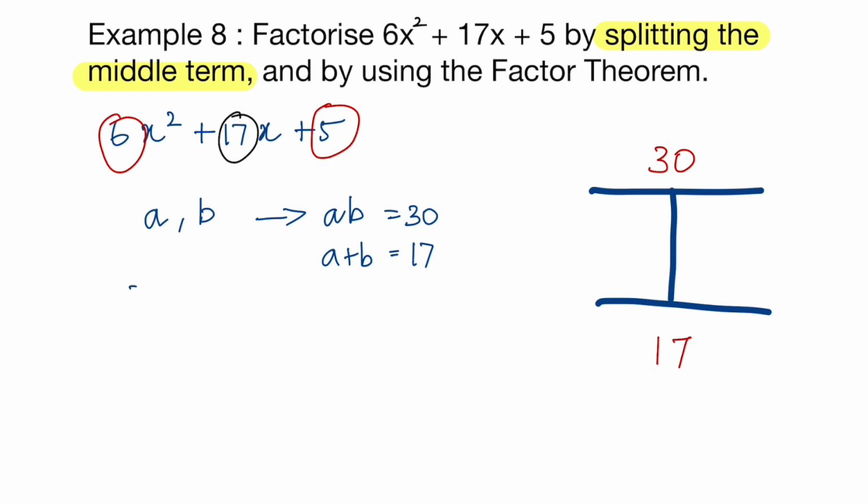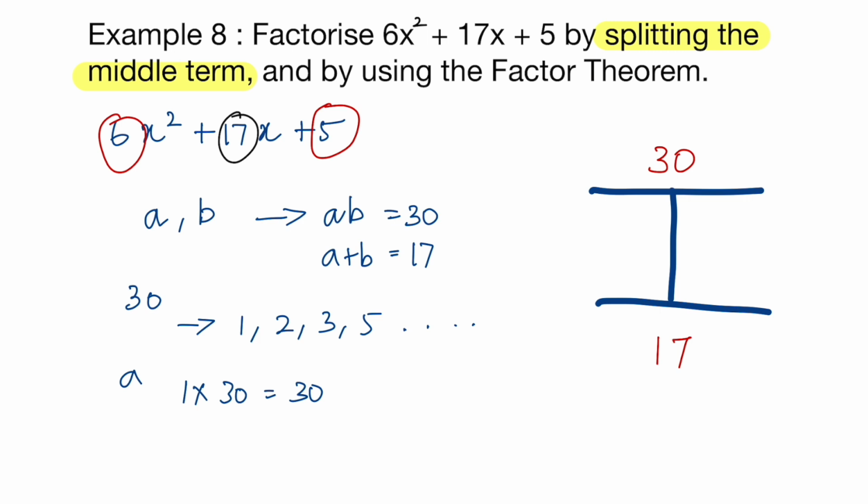So let us just list out the factors of 30 first. Factors of 30 are 1, 2, 3, 5 and so on. Now if 1 and some number has to multiply up to 30, what would be that number? 1 times 30 gives you 30.